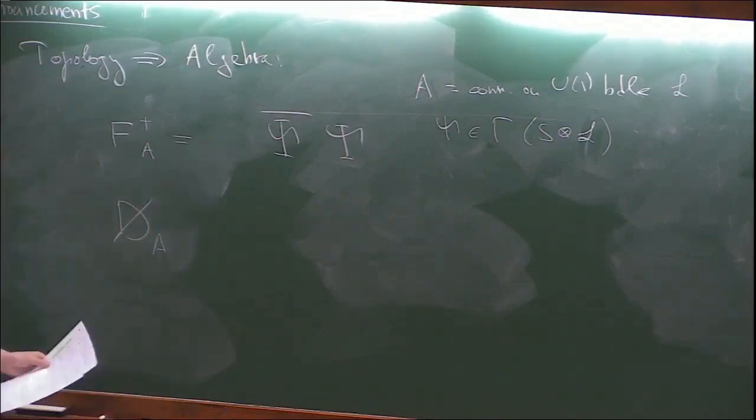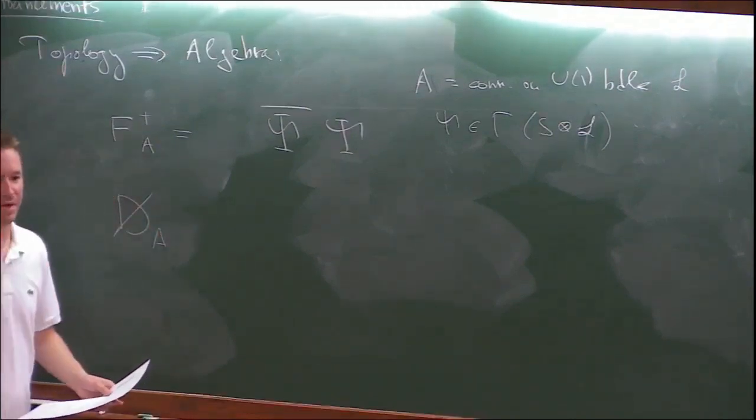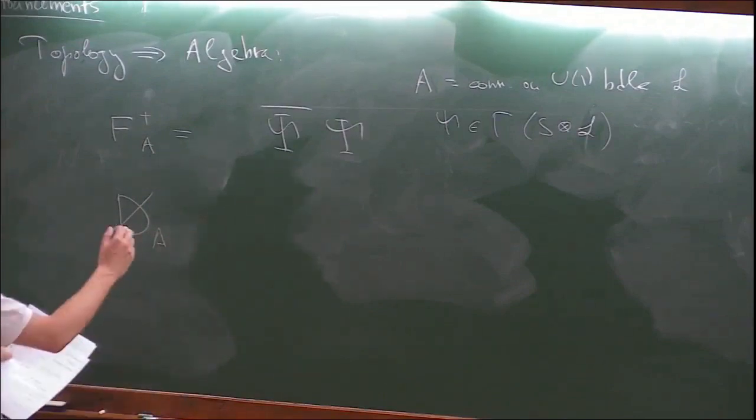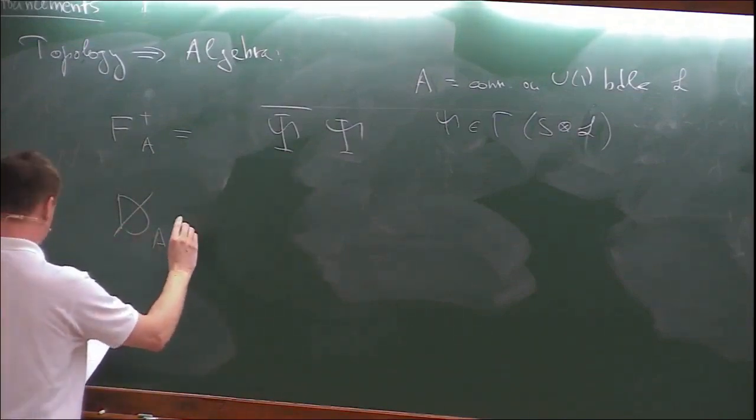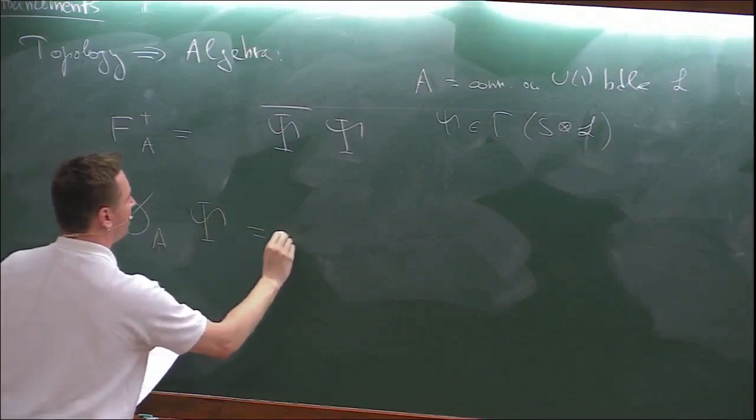You have an equation saying the self-dual part of the curvature of A is the square of the spinor, a moment map if you wish, and the Dirac equation for the spinor psi.